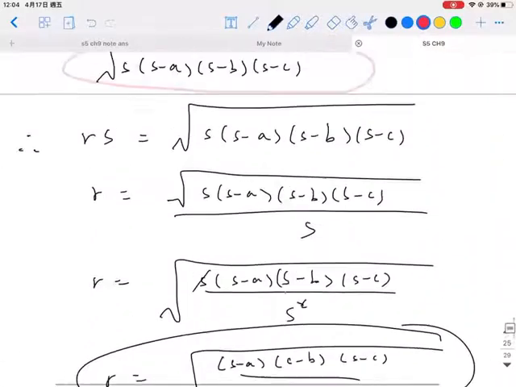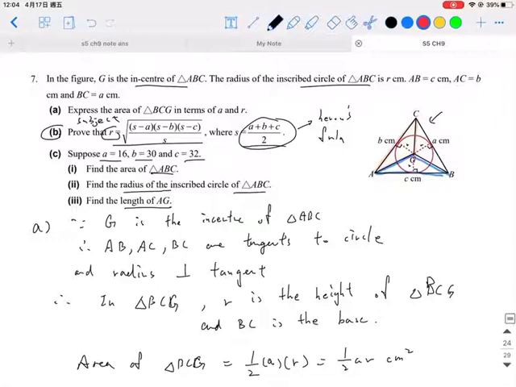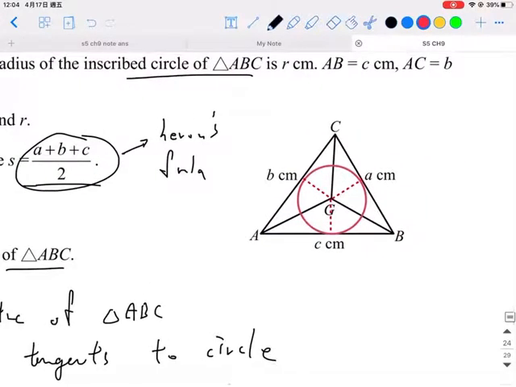Okay, for the last part, C3, the question is to find the length of AG, so this length, right? So first of all, how can I find AG? As AC and AB are tangents, these two angles are the same. Do you still remember these properties?